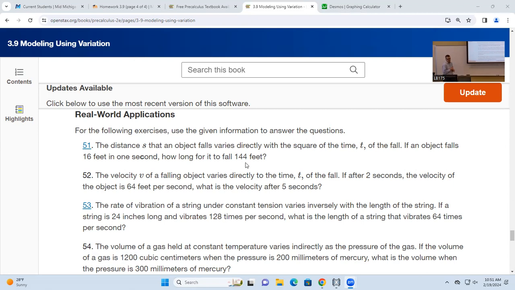So the distance that an object falls varies directly with the square of the time. So s varies directly with the square of t.